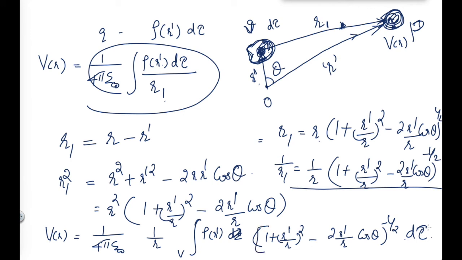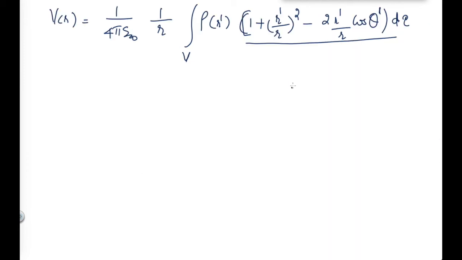Now, our case is, if you know rho of R dash, you have to evaluate this with the function [1 plus (R dash by R) whole square minus 2(R dash by R) cos theta] whole raised to minus half. Take a closer look at this function. R dash by R is equal to, say, t, which is a familiar expression; you can put it as x, y, z, whatever.